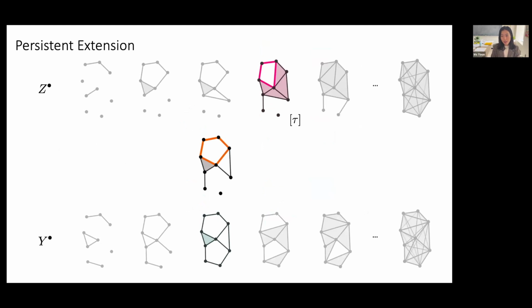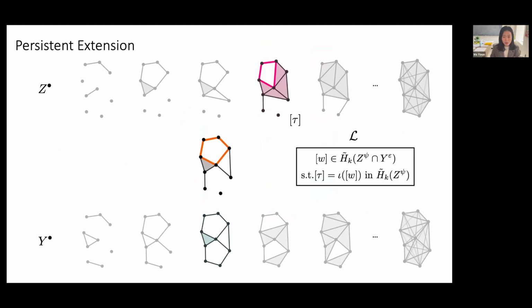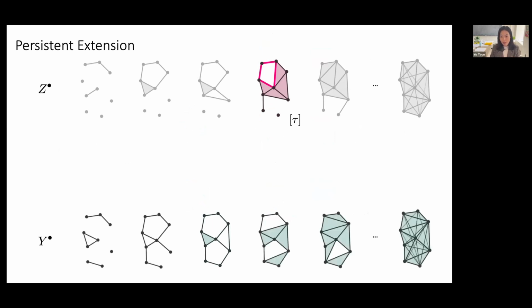Okay, so in the simpler setting where I have a fixed simplicial complex in the bottom, finding related homology classes in the bottom complex that's similar to the pink cycle above is quite simple. You just have to solve some linear system of equations. But remember that we actually have an entire filtration to consider.